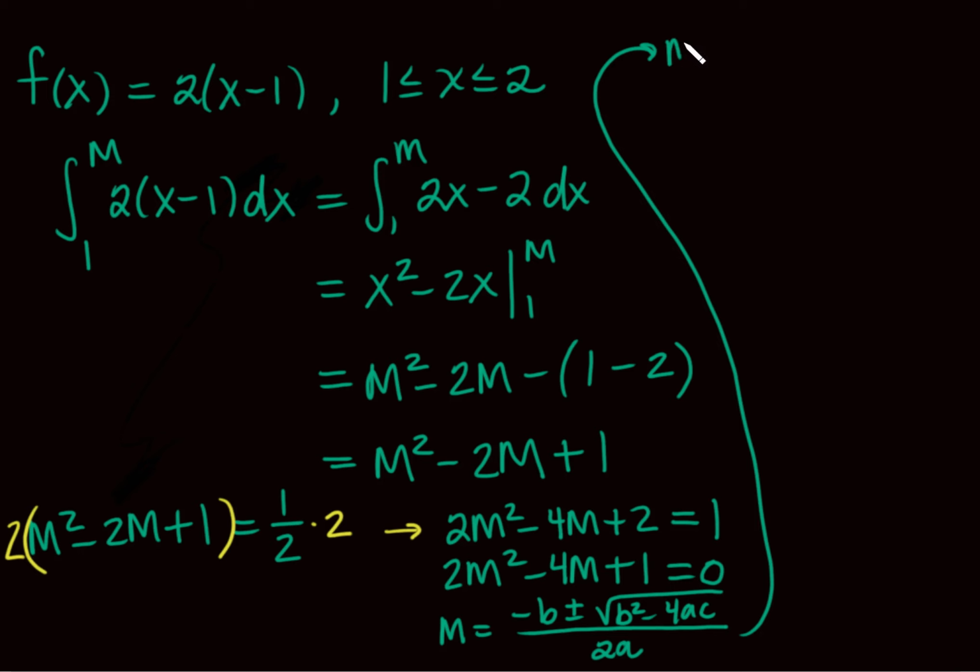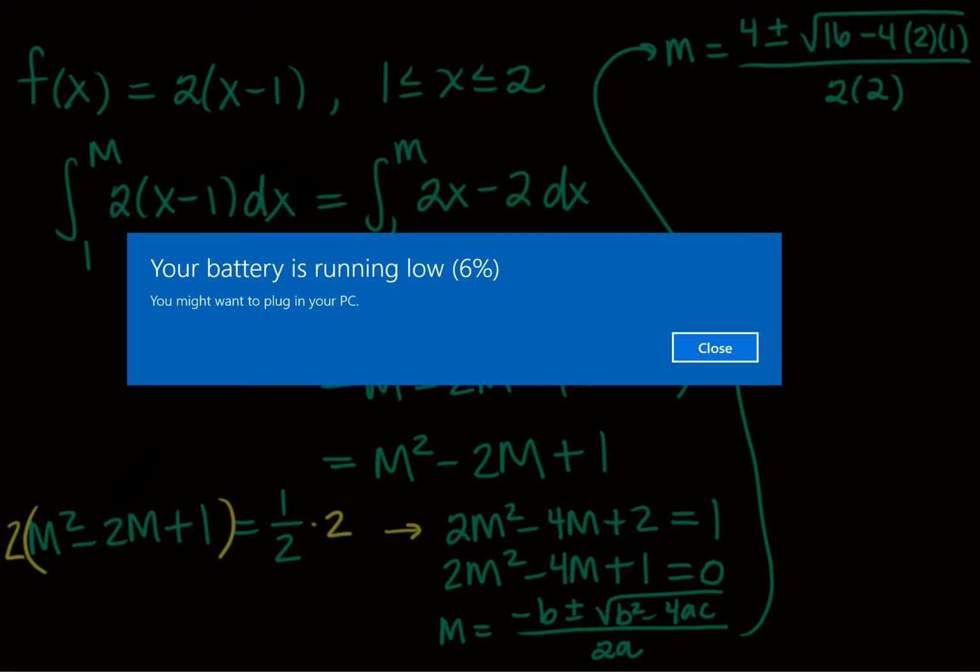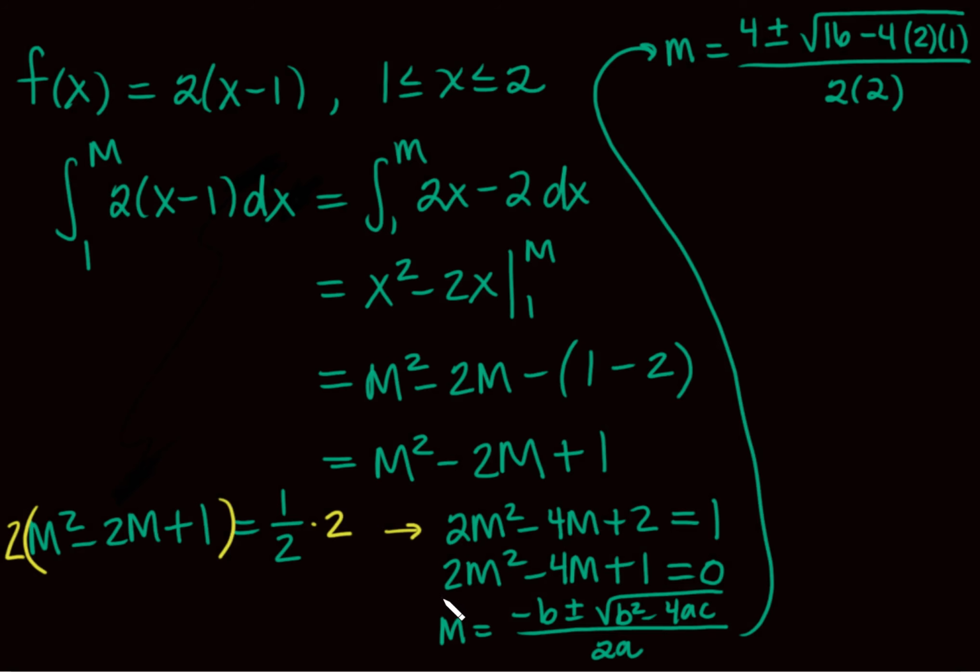My b is -4. So the opposite of -4 is 4, plus or minus the square root of -4 squared, which is a positive 16, minus 4 times a, which is 2, and c is 1, all over 2 times a, which is 2. So remember your a, b, and c. Whoops, my battery's running low, so I better finish this up quick. This is a, this is b, and this is c.